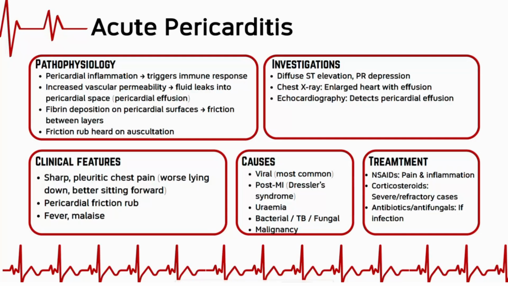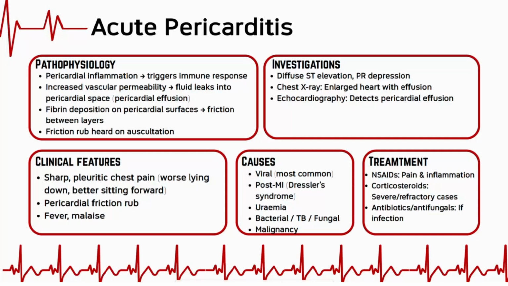So uremia, when we have lots of acid buildup, uric acid buildup in the blood. This can actually cause pericardial effusions and go on to cause pericarditis. Obviously your bacterial, TB, fungal.